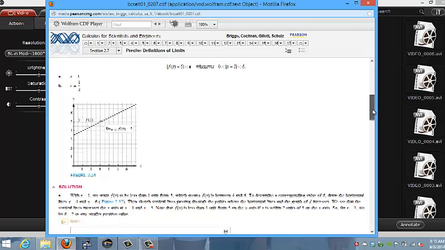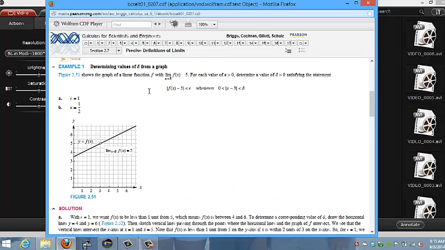So it says, take the graph of a linear function. It says the limit as x approaches 3 of f of x equals 5. I think I'd like to write down exactly what that means. Okay? So here I go.